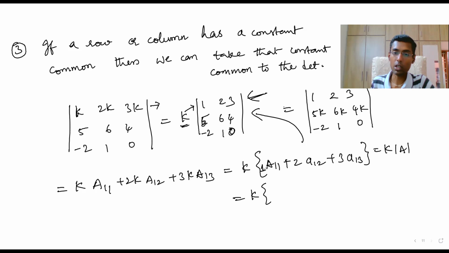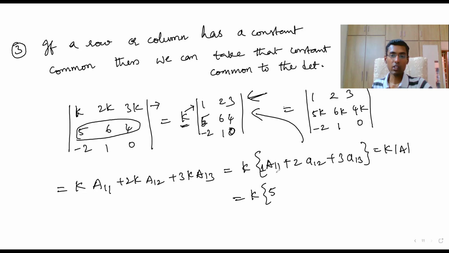What can you write for delta? You can expand with respect to the second row: 5 into its cofactor a21, plus 6 into its cofactor a22, plus 4 into its cofactor a23. This is delta only, right?